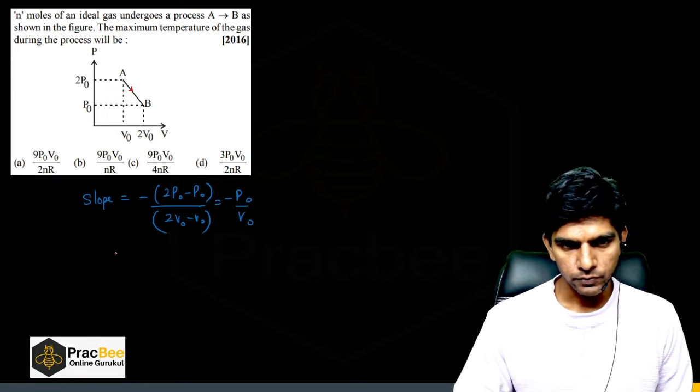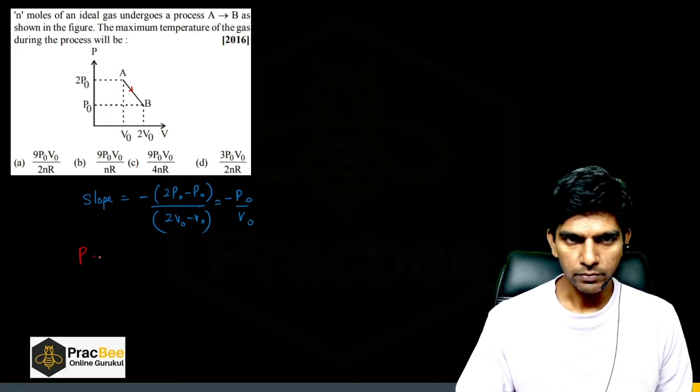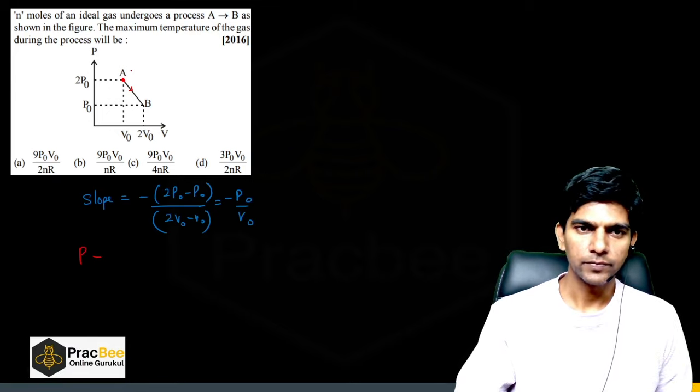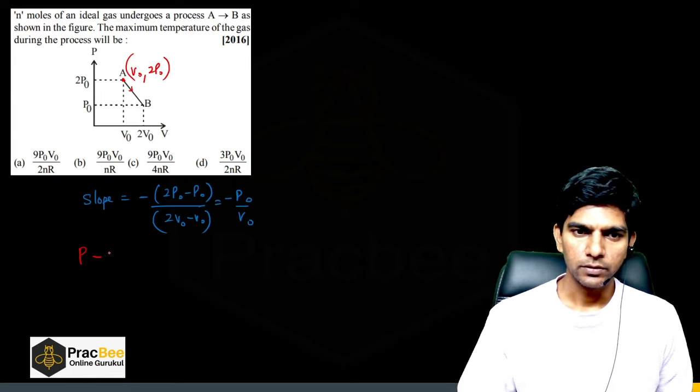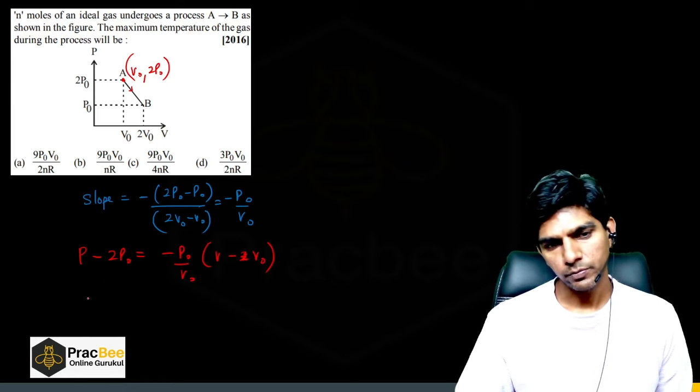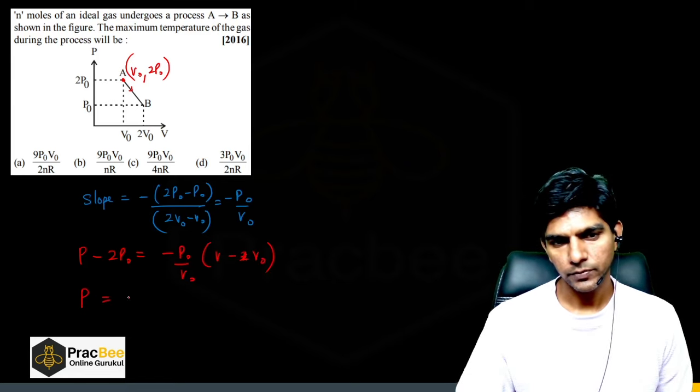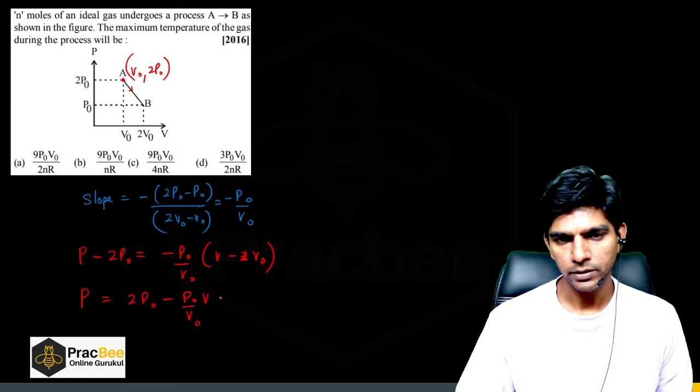If I consider point A, its coordinates are V naught comma 2 P naught. So it will be P minus 2 P naught equals slope, minus P naught by V naught, times V minus V naught. If we simplify this, pressure will be 2 P naught minus P naught by V naught times V plus P naught. So it is nothing but minus P naught by V naught times V plus 3 P naught.